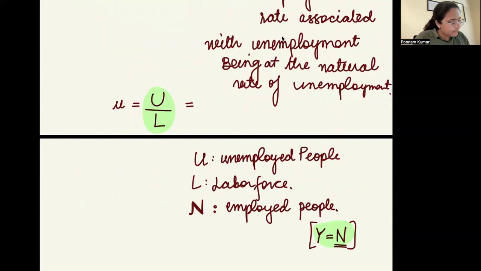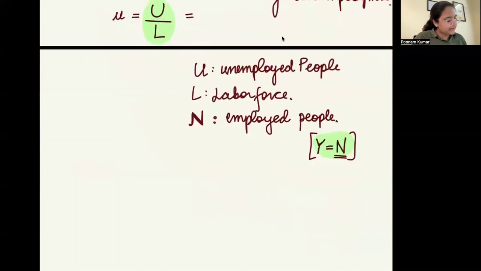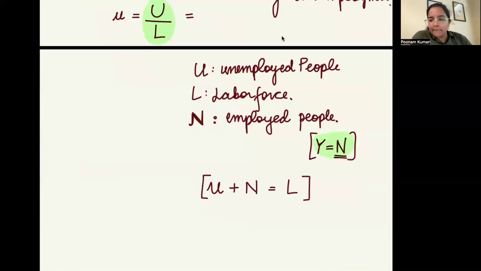Now I know the number of unemployed people. Y stands for total output and N for the number of people employed, and they are equal because if one person contributes 1 unit of output, then A is 1, meaning the productivity of one worker is 1 unit.